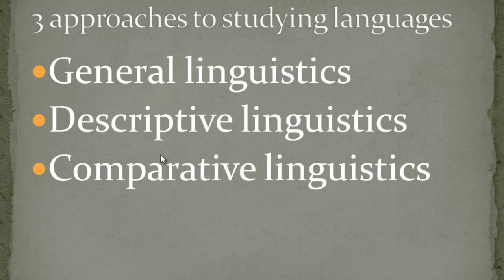And if you have already read the discussion in the books by Professor Lê Quang Thiêm and Carl James, you will see these three big branches of linguistics coming up: general linguistics, descriptive linguistics, and comparative linguistics.